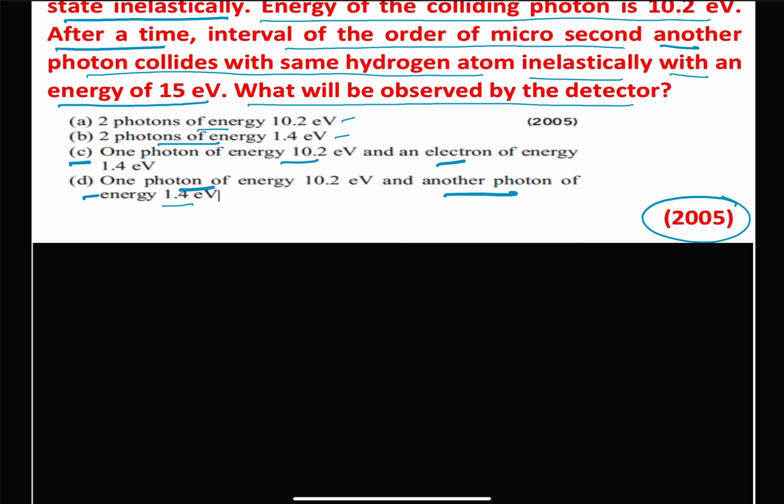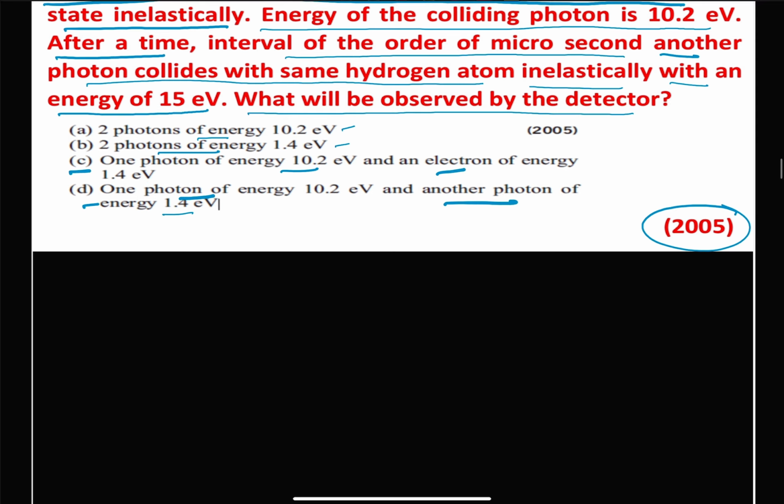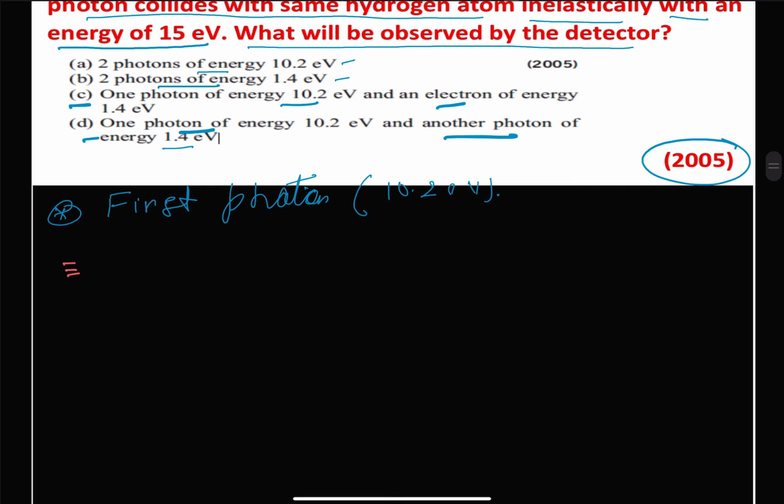So for the first photon, the colliding photon energy is 10.2 electron volt. In the case of the first photon, we have to remember that hydrogen is in ground state.